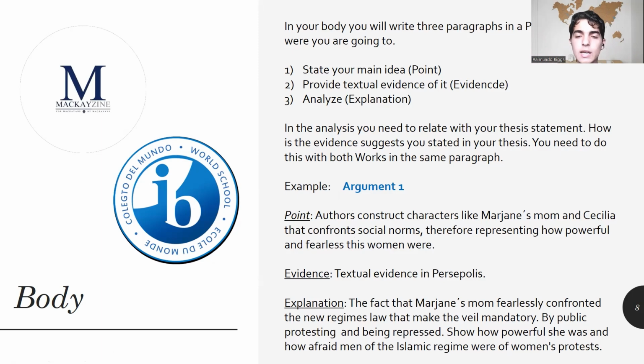For example, in Persepolis, Marjan's mom, and you don't need to memorize this, went into protest against the new regime for making the use of the veil mandatory. She was against the government telling women what they need to wear or how they need to wear it.